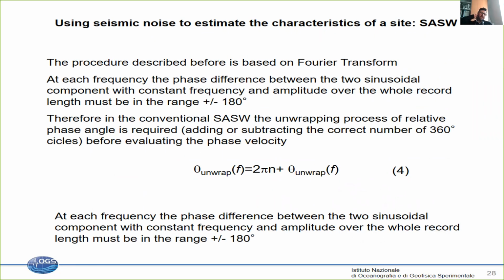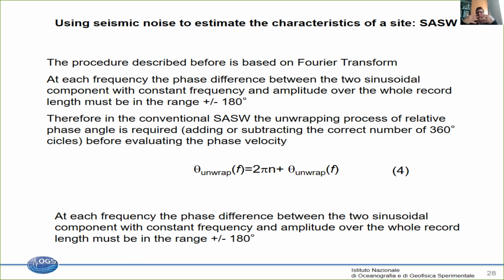Another problem is that, okay, it's very nice that we work with the Fourier transform, but all the methods that we will see today are mainly based on the estimation of a shift between two signals.